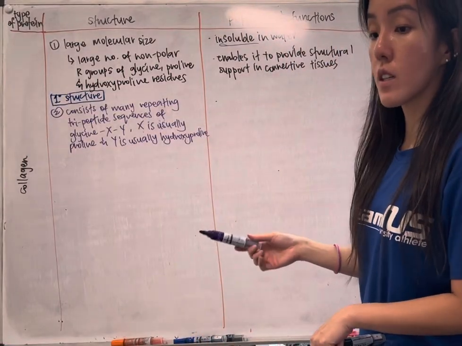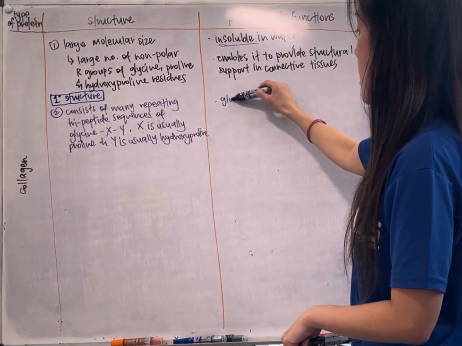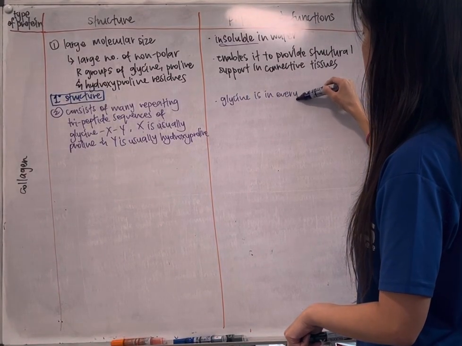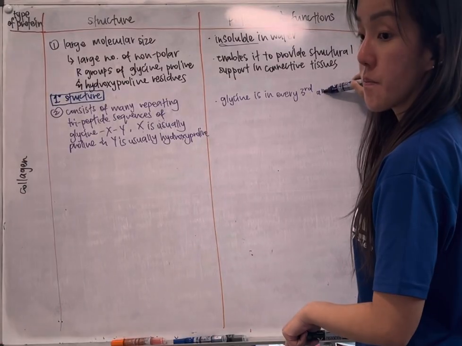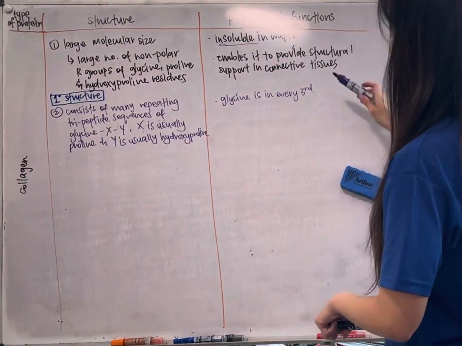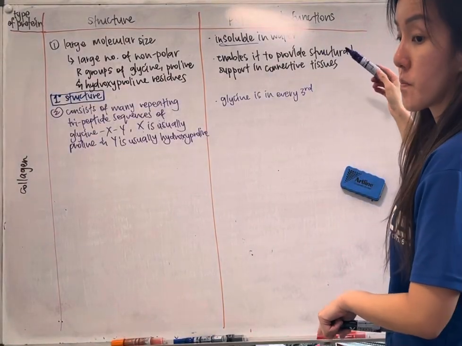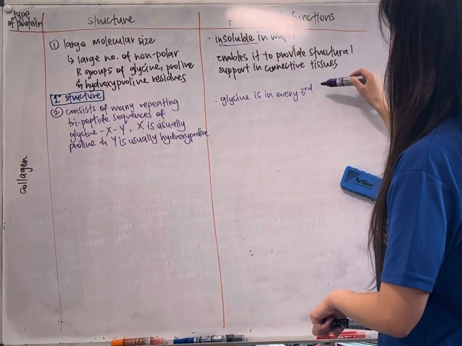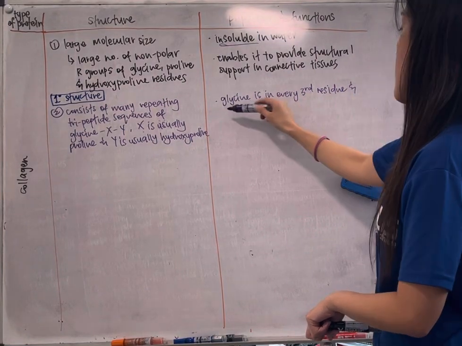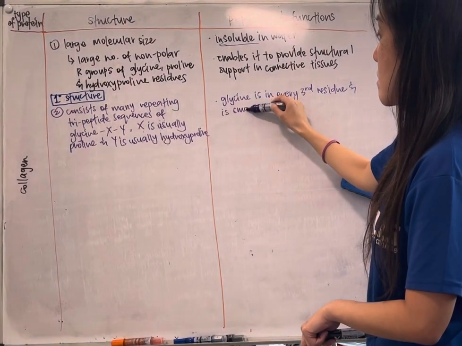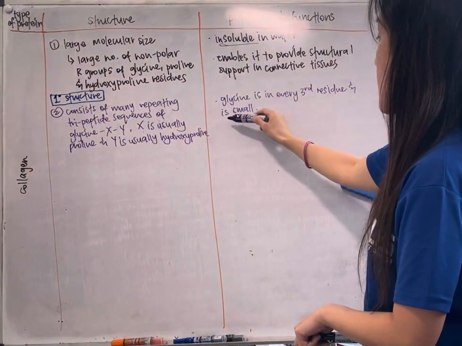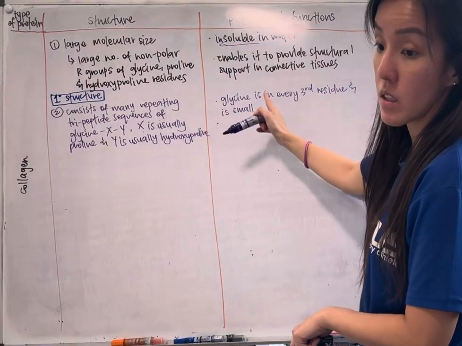What is the significance of this? When I have this, it means glycine is in every third amino acid, or we can say third residue, and it's small. So why is it important? Again, this is the property.